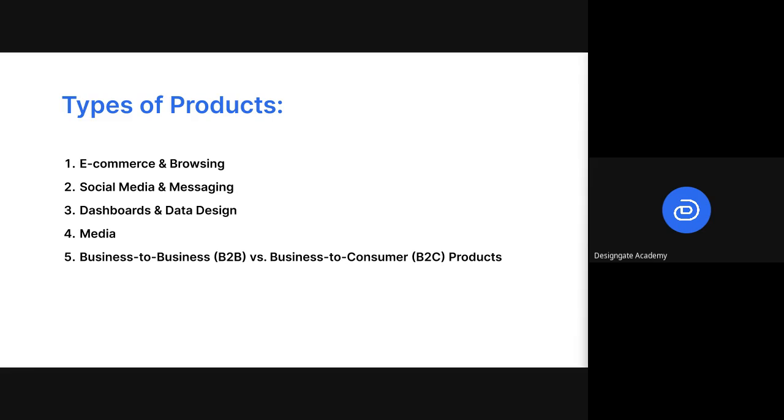Remember, I want to take a look at how we align business goal or business objective with our design. Any design you're doing, the success of that design depends on you making sure you align the business goal with your design. You just can't do design for the sake of it, otherwise anyone can just open Figma and design.